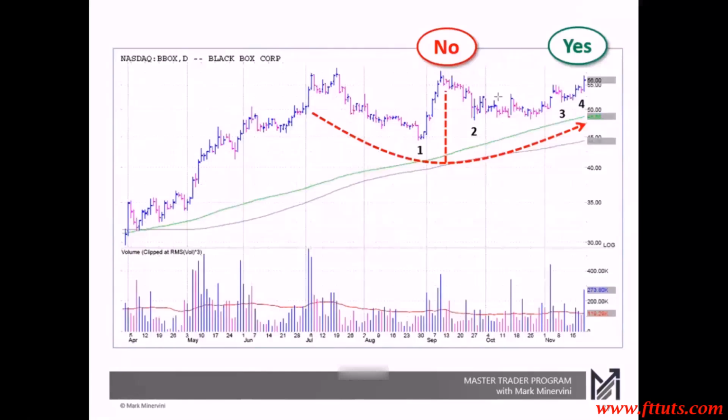On the right side here, it's really a cup and handle, but then you have another little cup and handle at points 3 and 4. So it's really a pattern within a pattern, and that seems to show up many times. Yeah, and you have right here.